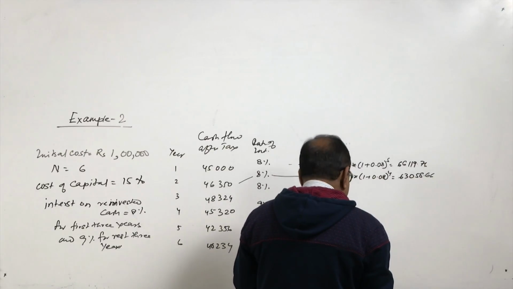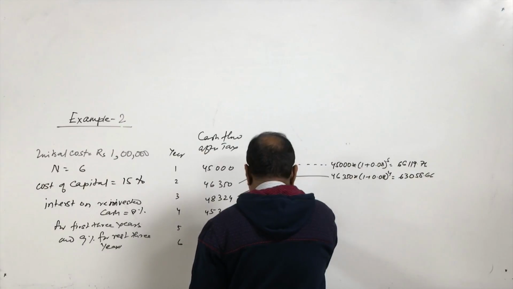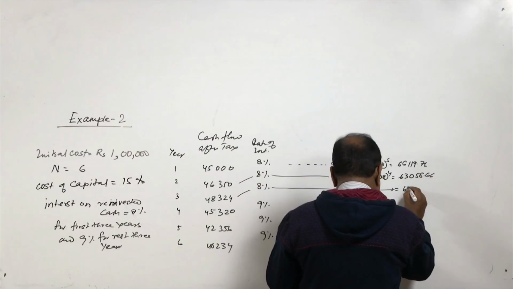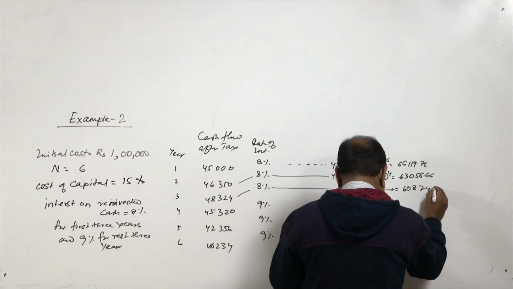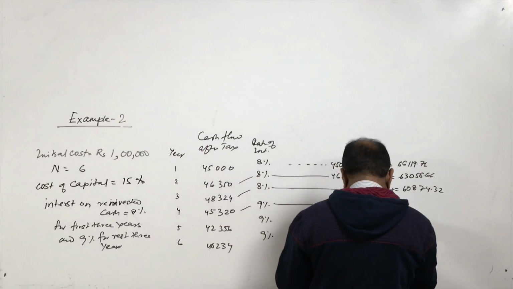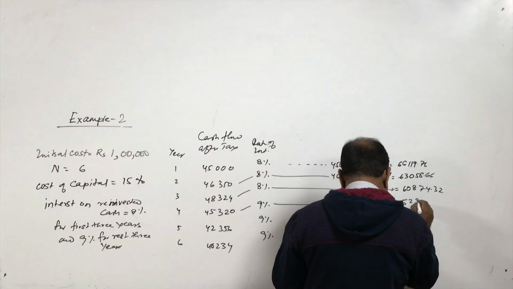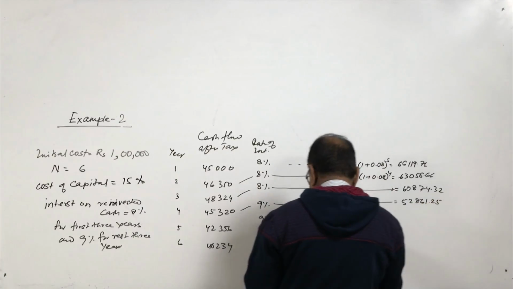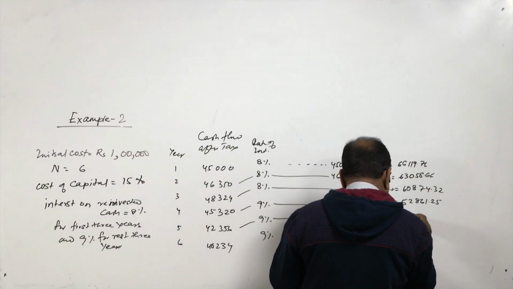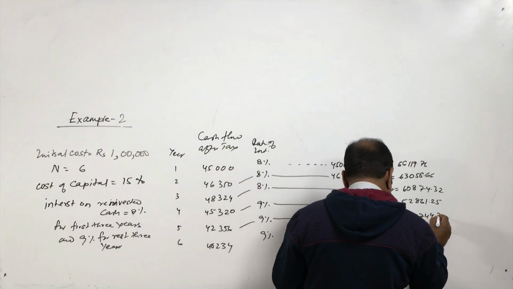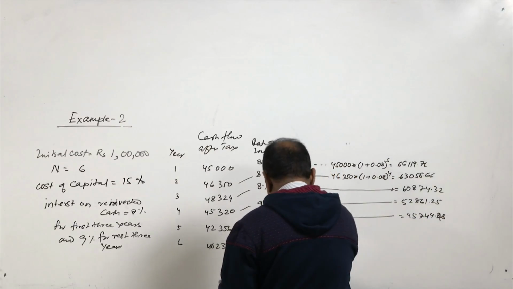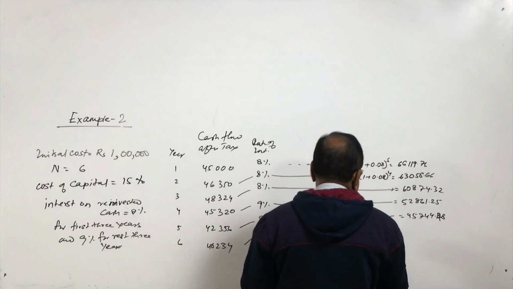So, these values will grow: this will grow to 60,874.32, this will grow to 52,861.25, this will grow to 45,744.48, and the last one will not grow because here the power is 0.